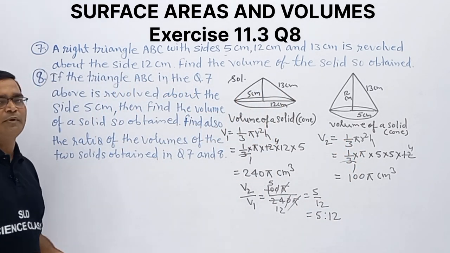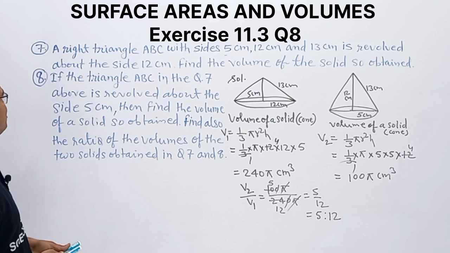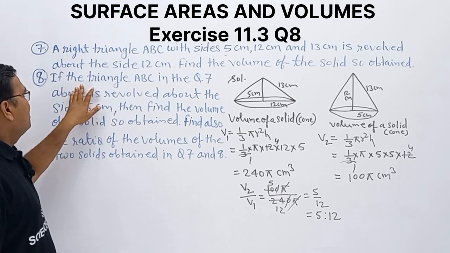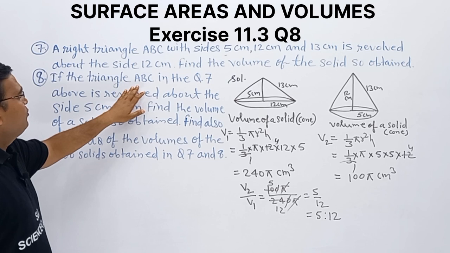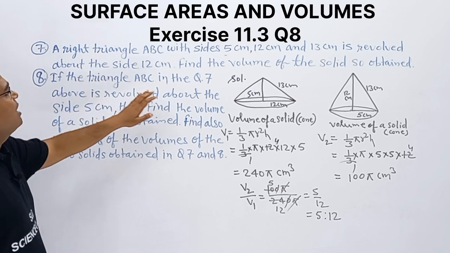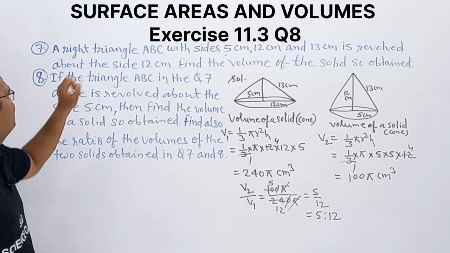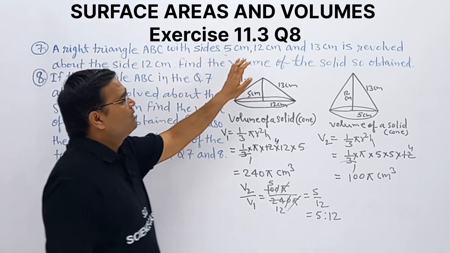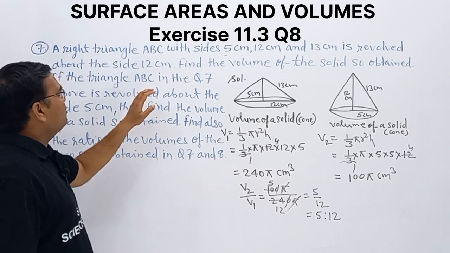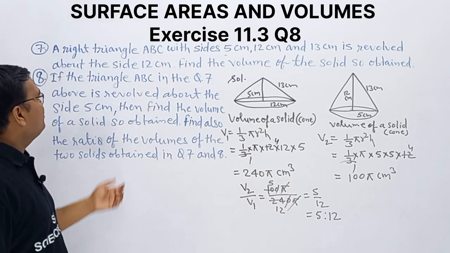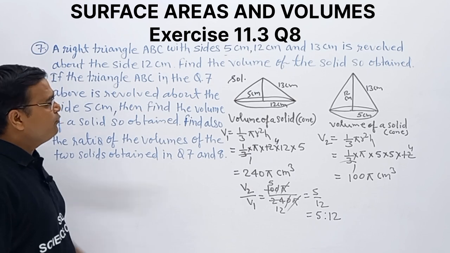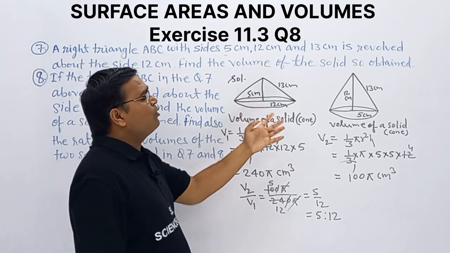Observe what we did in this simple question, question number 8. The triangle ABC used in question number 7 is revolved about the 5 centimeter side. In question number 7 we revolved the right triangle about the 12 centimeter side, but in question number 8 we revolve about the 5 centimeter side. Then we get a solid, a cone.